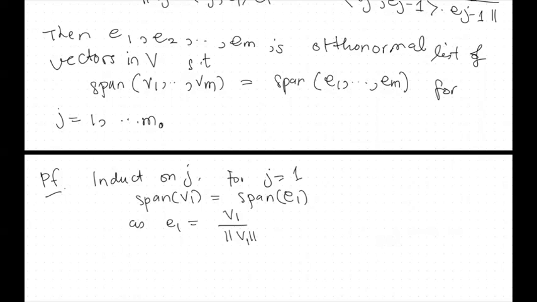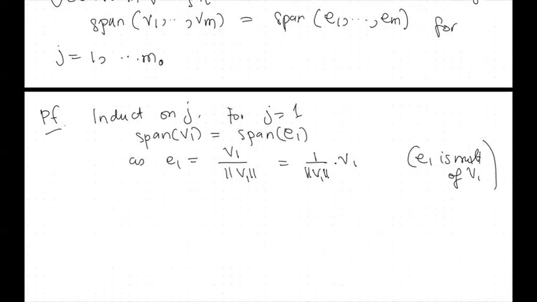This means that e1 is 1 over the norm times v1, so e1 is a multiple of v1. When I say multiple, I'm referring to a scalar multiple. Now, the hypothesis of induction.